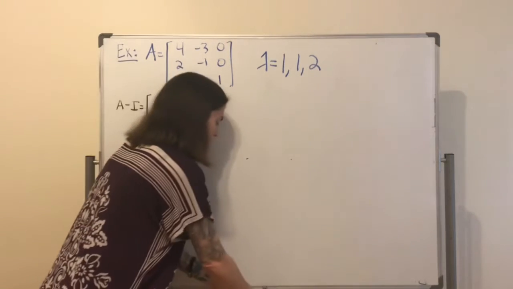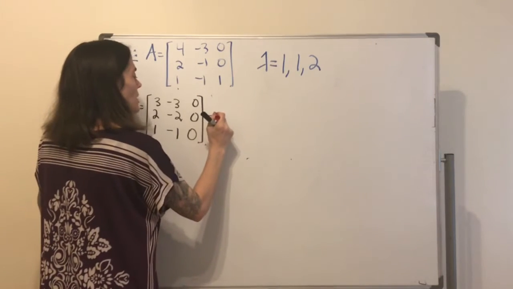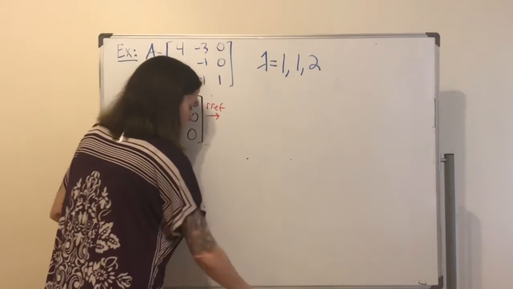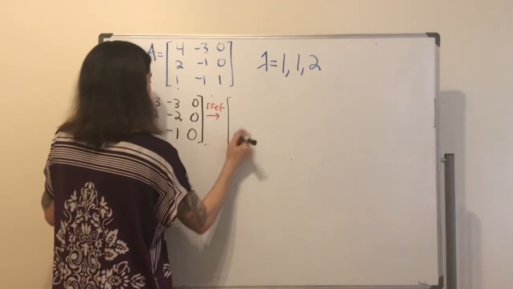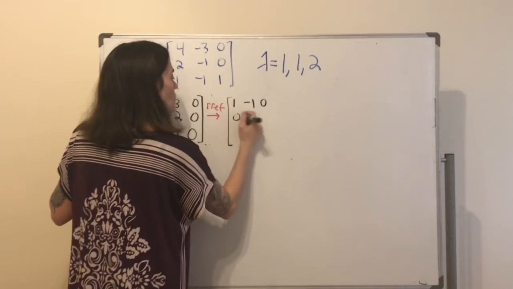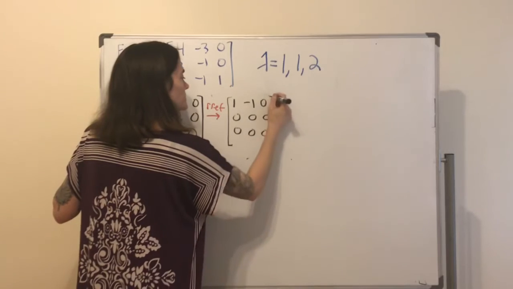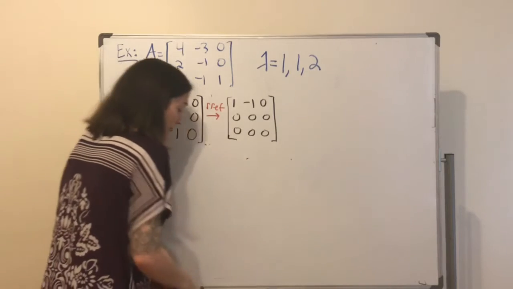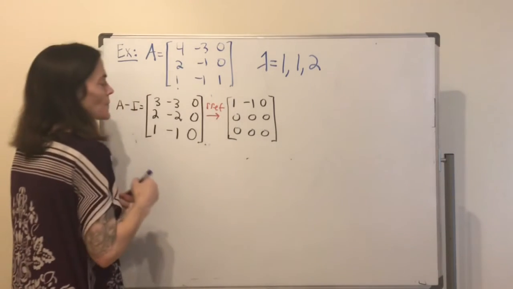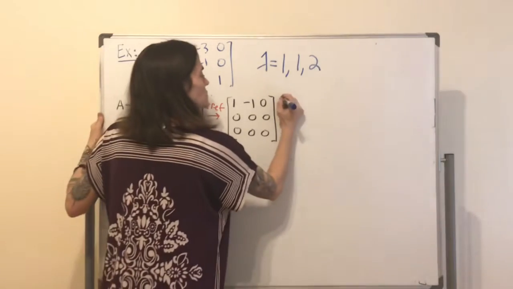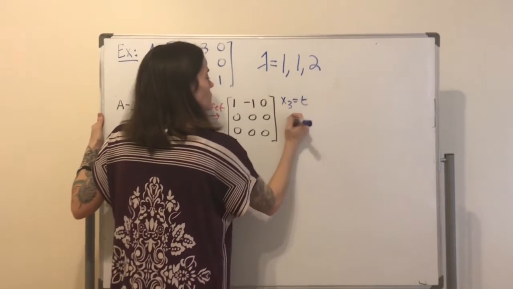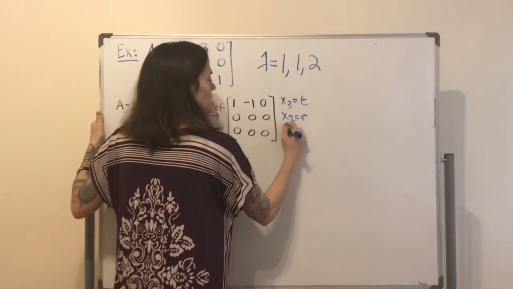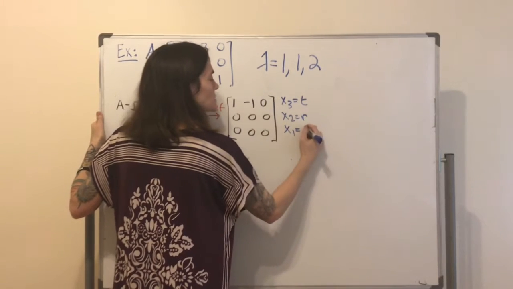So let's do this here. In fact, I really only have one row. I'll just write it this way. You can do this all at once, or I will do it all at once. It's going to be 1 minus 1, 0. So here, what's a basis for the kernel of this matrix? Well, x3 is some t free, x2 is some r free, and then we get that x1 is the same thing as x2, r.